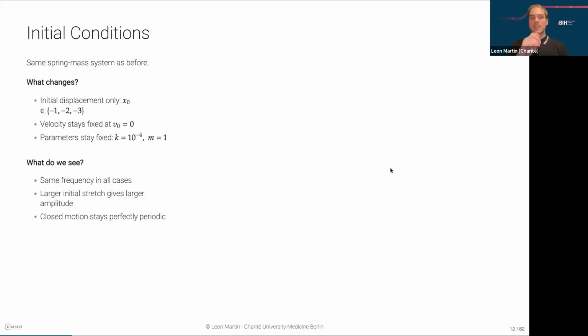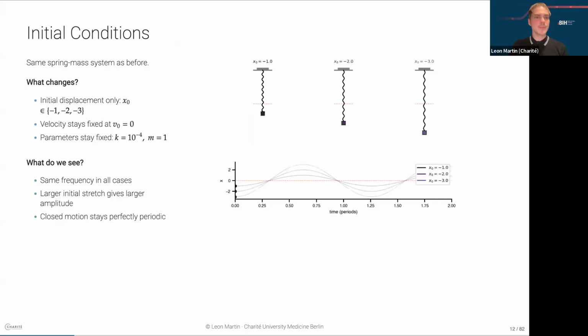Okay, so we already talked about this, so it depends on where we start. And this is the so-called initial condition. So we have the same system of the spring, but this time we change the initial conditions to either -1 below equilibrium, -2, and -3. And all other parameters are fixed, and the initial velocity is fixed at 0.